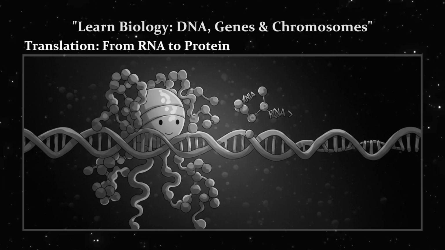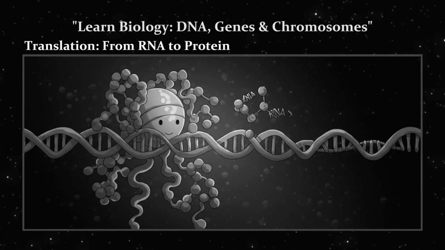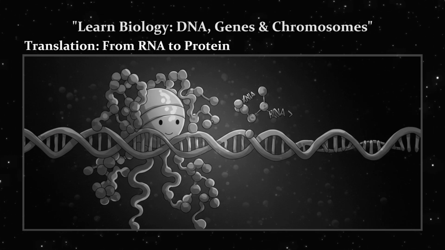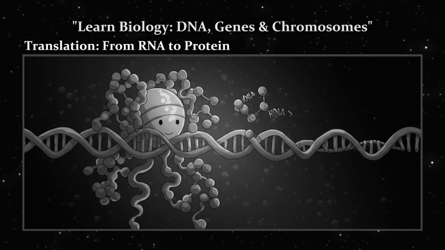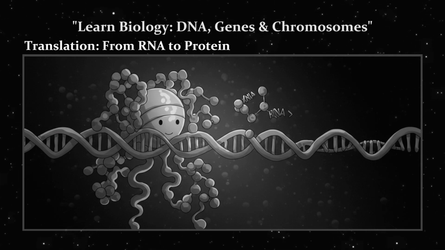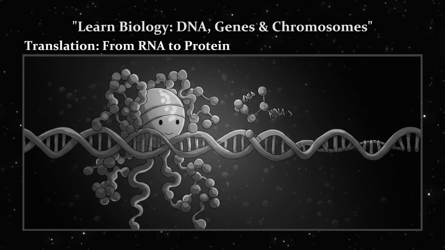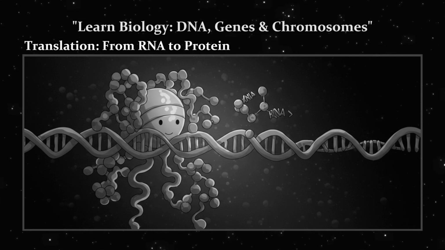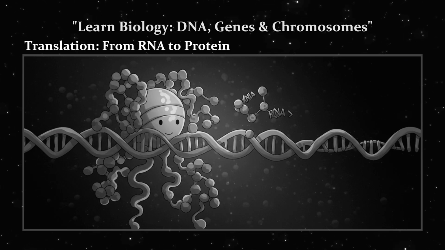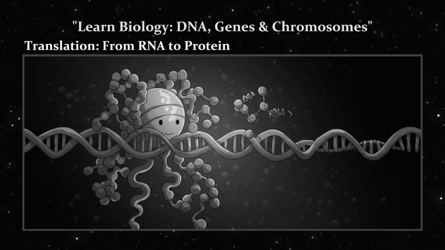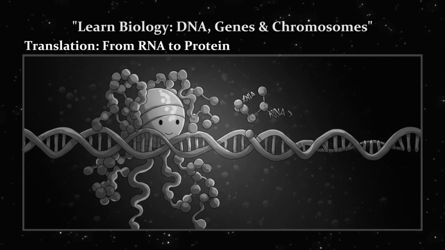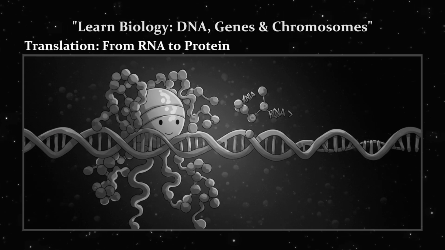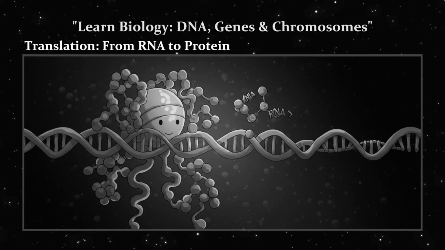Like transcription, translation proceeds in three distinct phases: initiation, elongation, and termination. The process begins with initiation. The ribosome is actually made of two separate pieces, a small subunit and a large subunit, which float separately in the cytoplasm. First, the small ribosomal subunit, along with a special initiator tRNA, the one carrying methionine, which corresponds to the start codon, AUG, binds to the front of the mature mRNA.